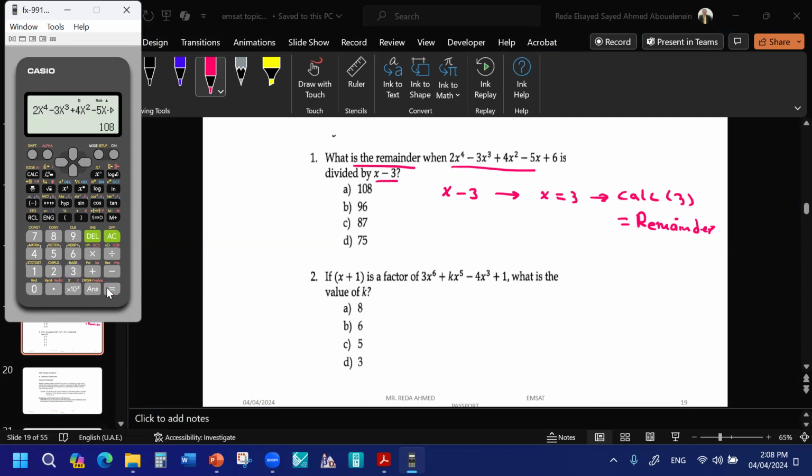This is the remainder, 108. This is the remainder.